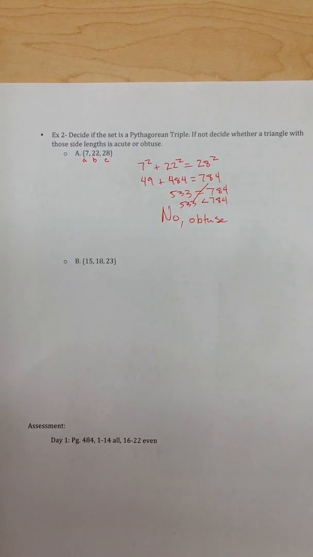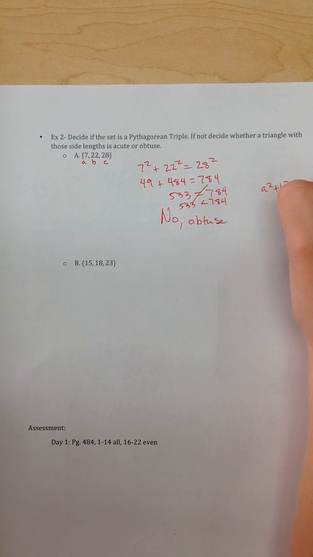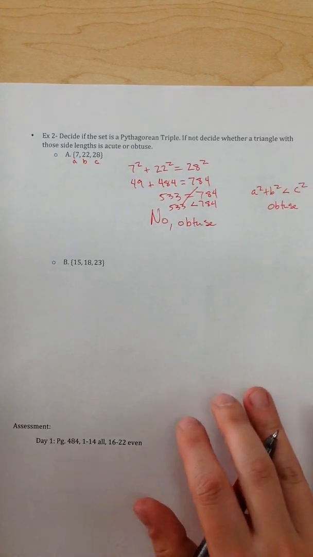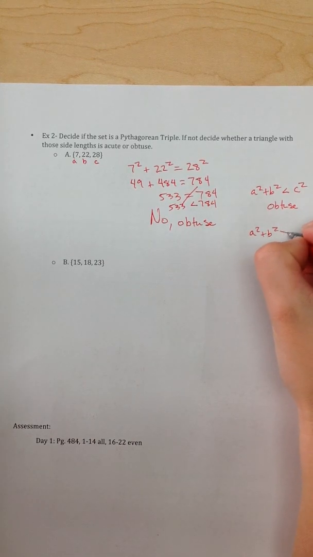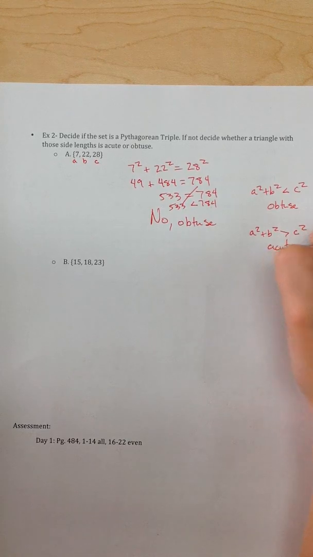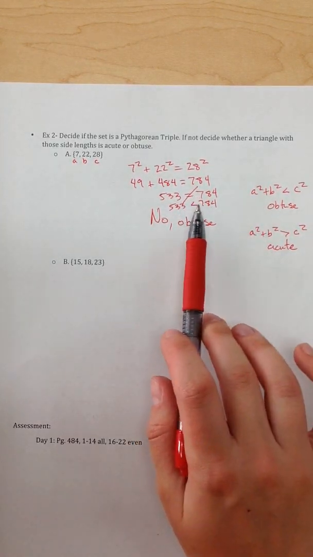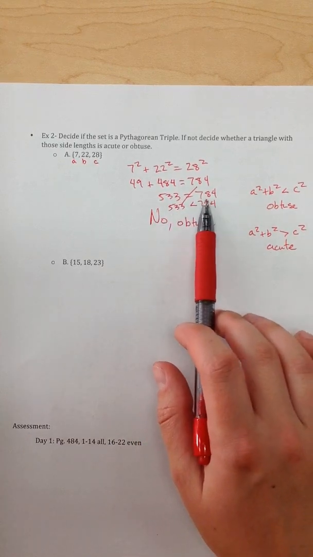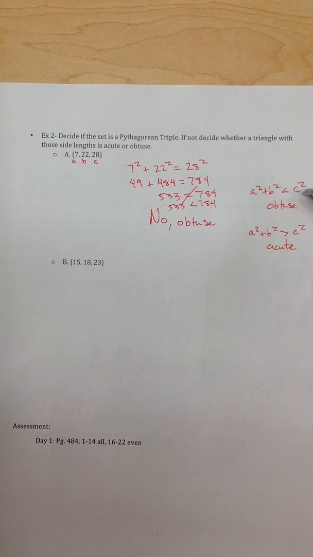So, and maybe you want to write this, if your A squared plus your B squared is less than your C squared, it's going to be an obtuse triangle. If it's the other way around, your A squared plus your B squared is greater than your C squared, then it's going to be an acute triangle. Okay, if they come out right on the dot and equal each other, so like 533 equaled 533 or something like that, then it's a right triangle. If not, then it's one of those.